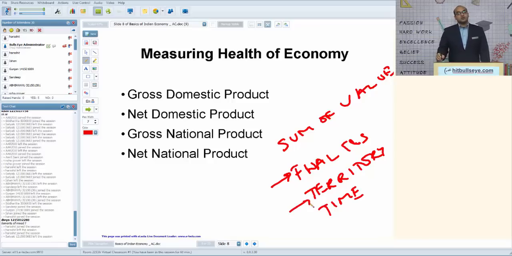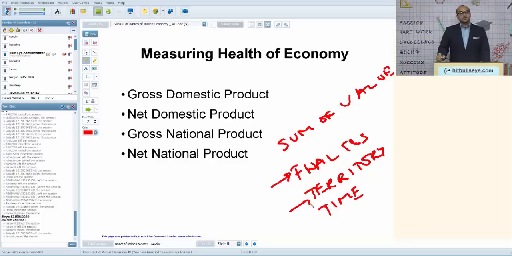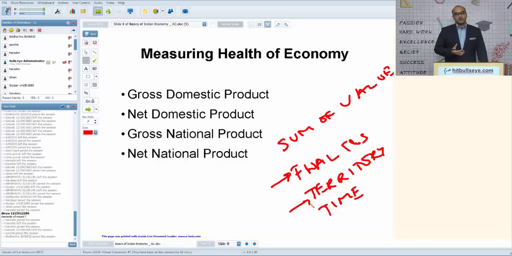It is a geographical or a territorial concept. So if an American company or a company from UK is setting up shop in India and producing, the value of its goods will be added in the GDP of our country. As far as time is concerned, the GDP is usually measured over a period of 1 year.